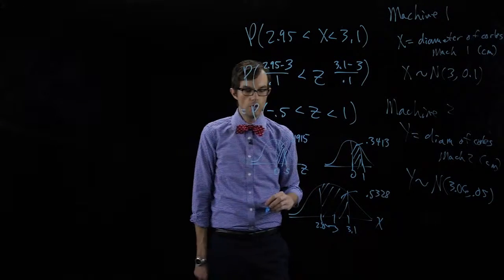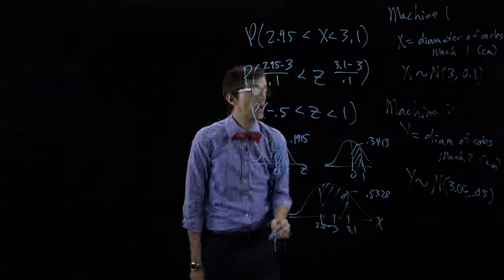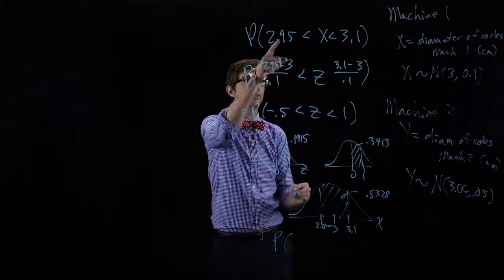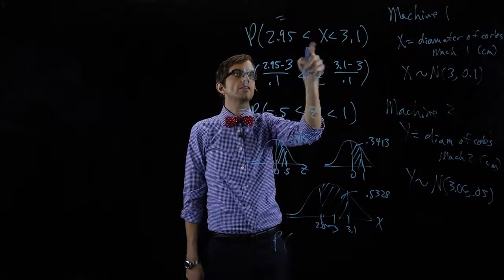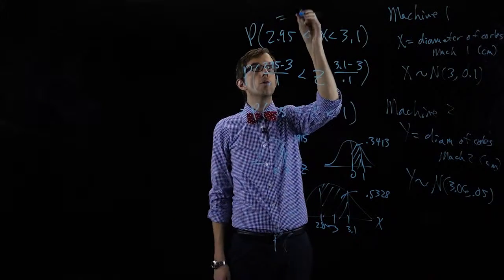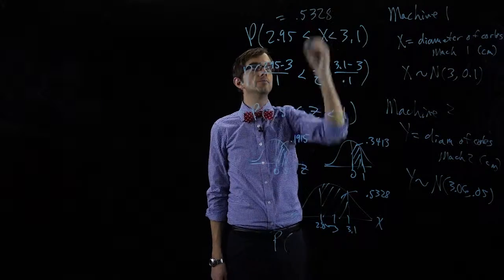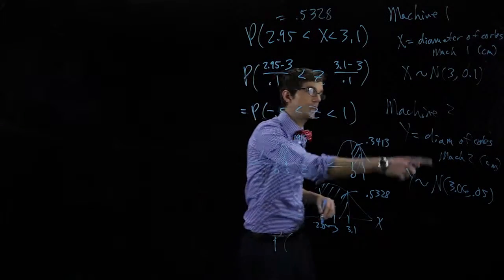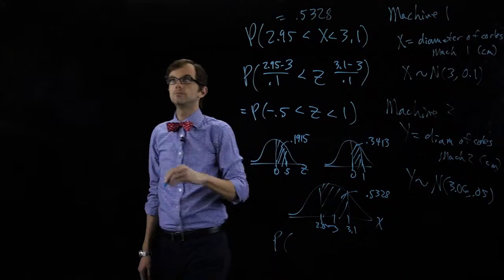So again, the probability that x lies between 2.95 and 3.1 is 0.5328.